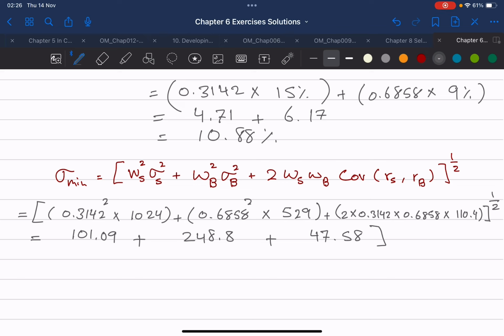Of course, don't forget all of this is in a bracket and raised to the power of 1/2.